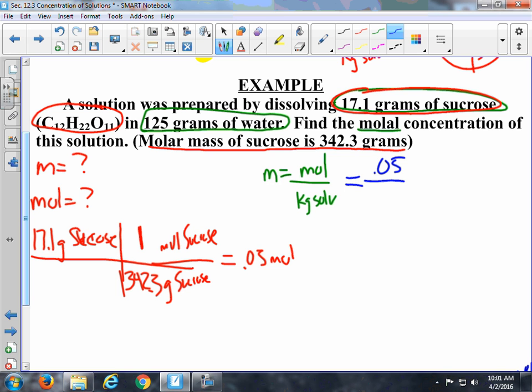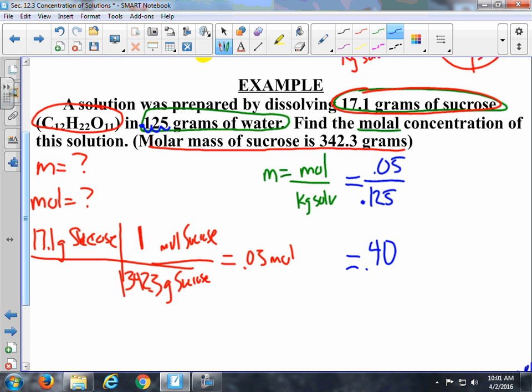Remember, you're going to divide by 1,000 or move the decimal 1, 2, 3 to the left. So when you move the decimal 3 to the left, now you're in kilograms, and you're going to have 0.125 kilograms. What we're left to do is divide 0.05 divided by 0.125, and we're going to get 0.40.